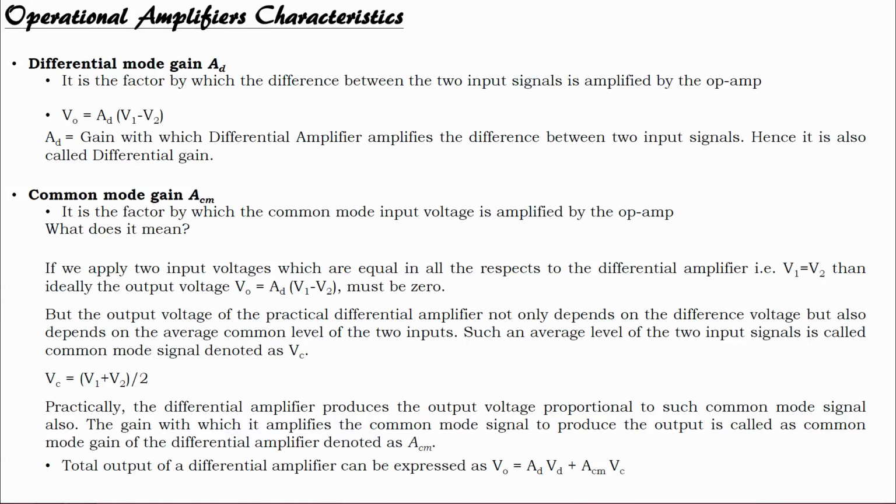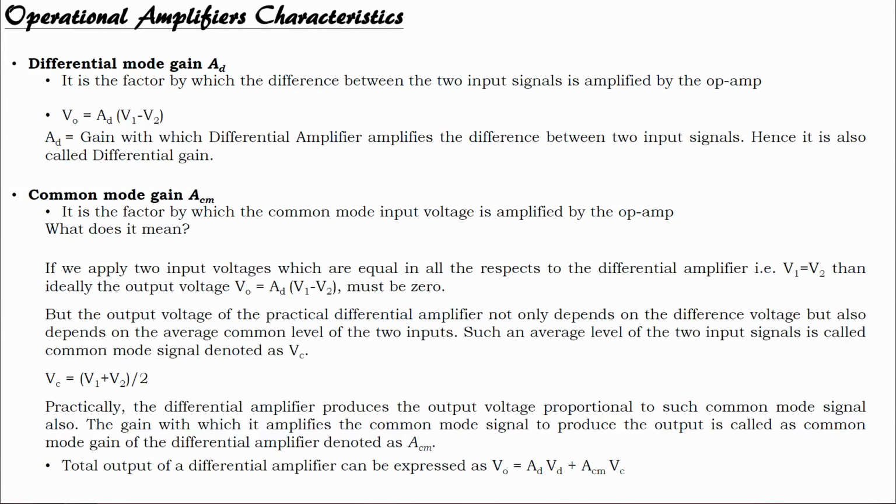Common mode gain: what does common mode gain mean? It is a factor by which the common mode input voltage is amplified by the operational amplifier. If we apply two input voltages which are equal in all respects to the differential amplifier, say the voltage at the inverting terminal is V1 and the voltage at the non-inverting terminal of the op amp is V2, and V1 equals V2, then ideally what should be the output?